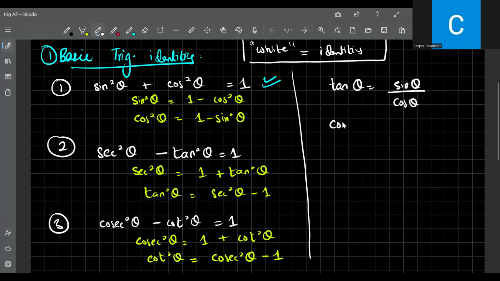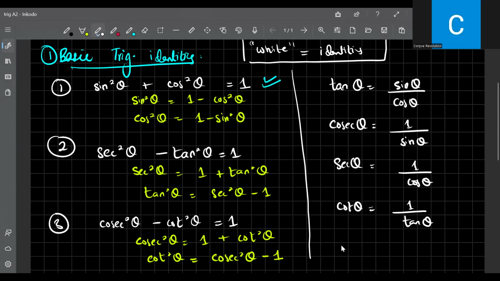Cosec theta is equal to 1 upon sine theta, and sec theta is equal to 1 upon cos theta, and cot theta is either equal to 1 upon tan theta, or cot theta is equal to cos theta upon sine theta.